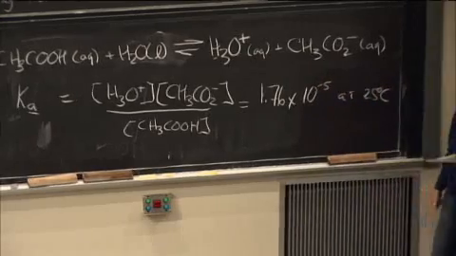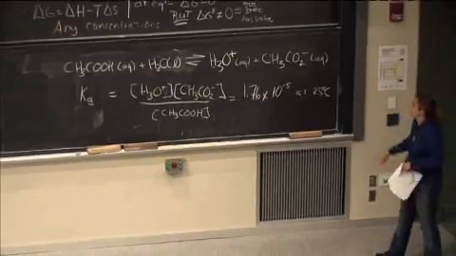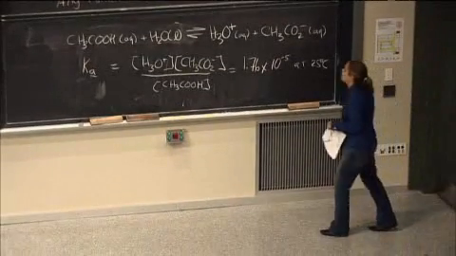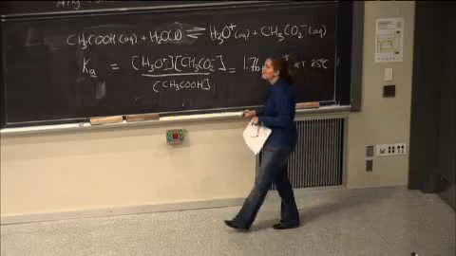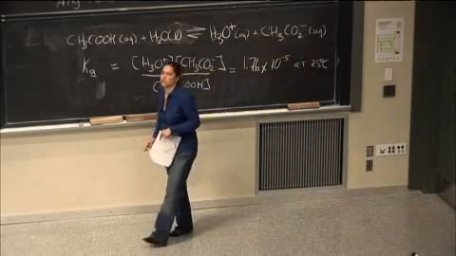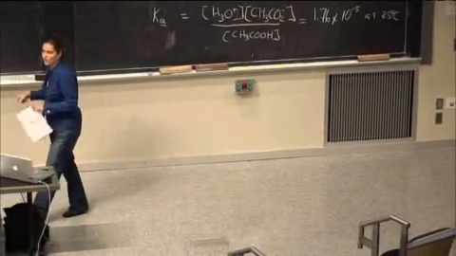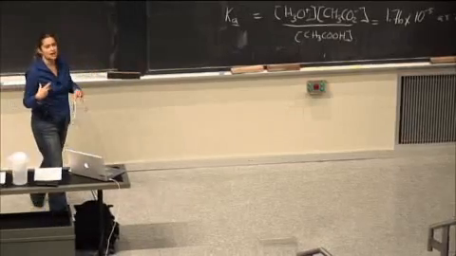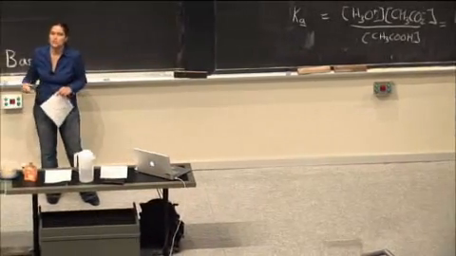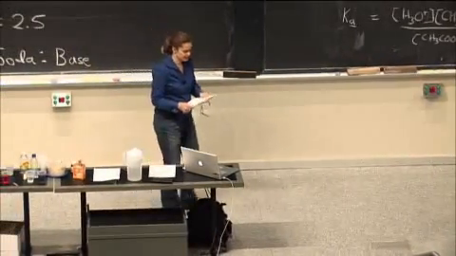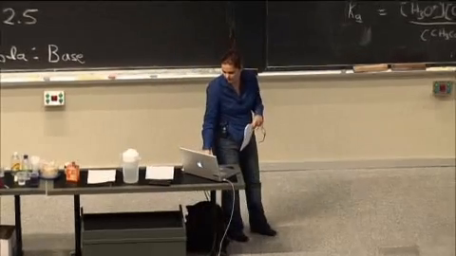This is a small number, so that tells us this is not a very strong acid. It's not ionizing very much in solution. That is the definition of a weak acid, something that doesn't ionize very much. The definition of a strong acid is something that does ionize quite a bit.